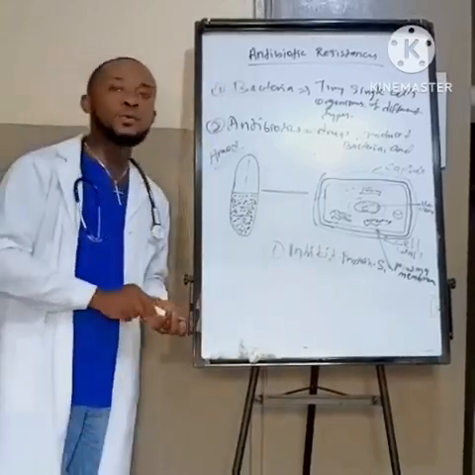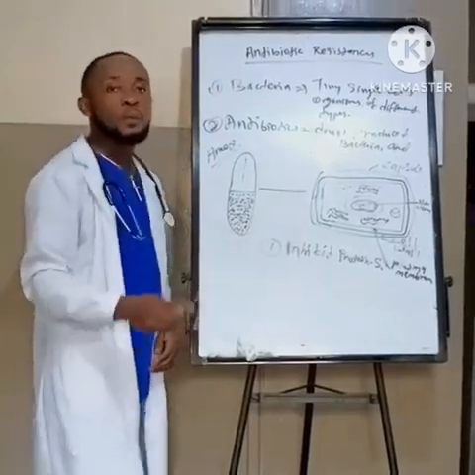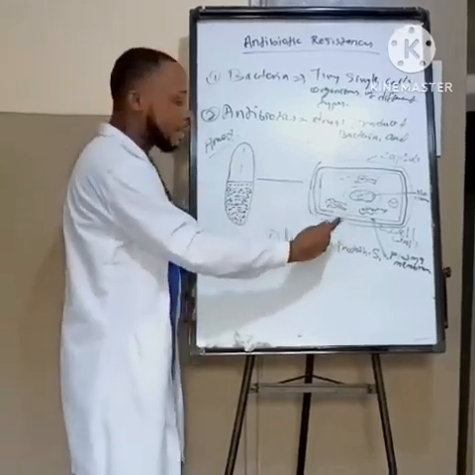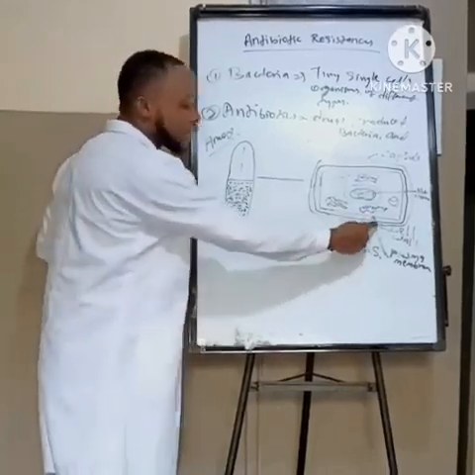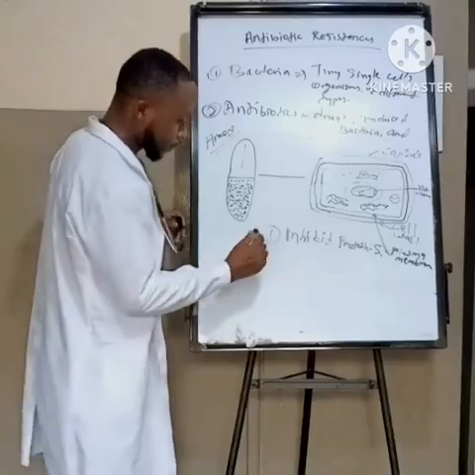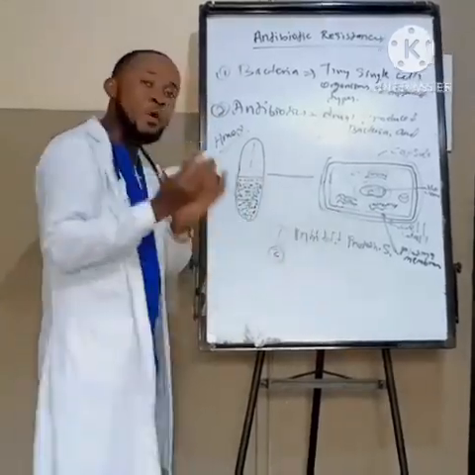So antibiotics will inhibit protein synthesis, and once protein synthesis is inhibited, protein will not be produced. They will not be able to build up the layers, which are the capsule, the cell wall, and the plasma membrane. Two, the second thing it does is on the cell wall build up as well.